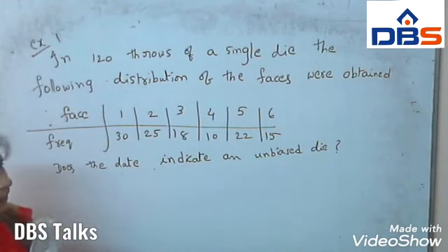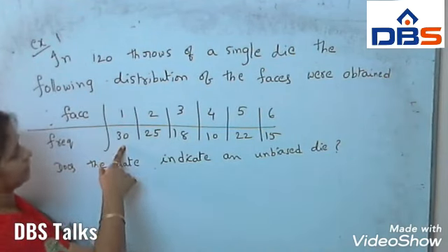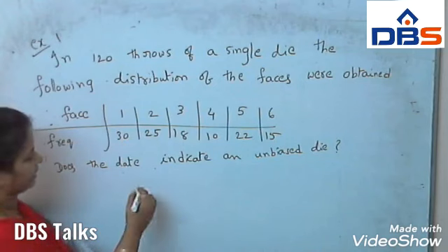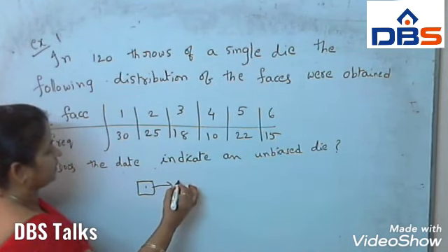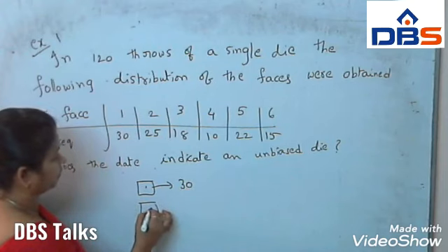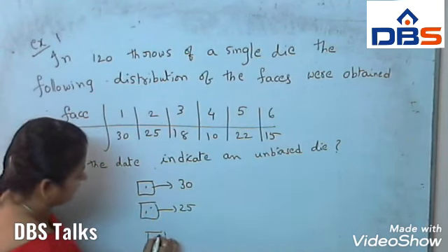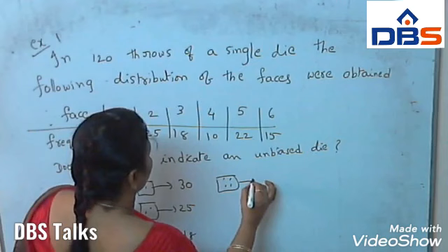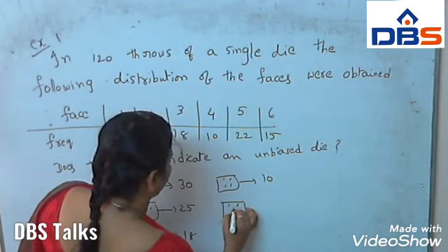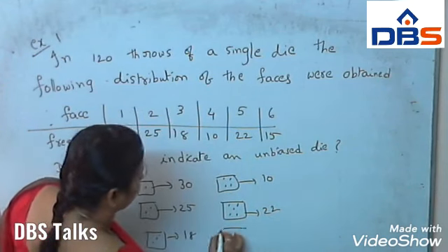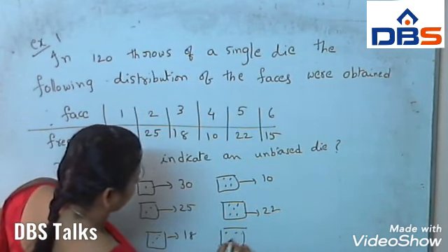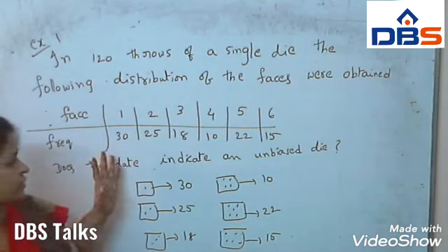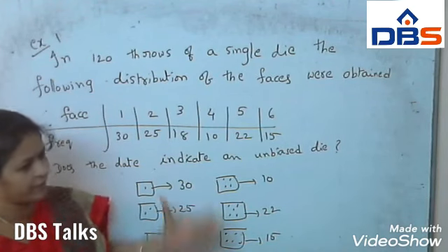That means the die with face 1 comes 30 times, face 2 comes 25 times, face 3 comes 18 times, face 4 comes 10 times, face 5 comes 22 times, and face 6 comes 15 times. So this is the given data. These are the observed values from doing the experiment.